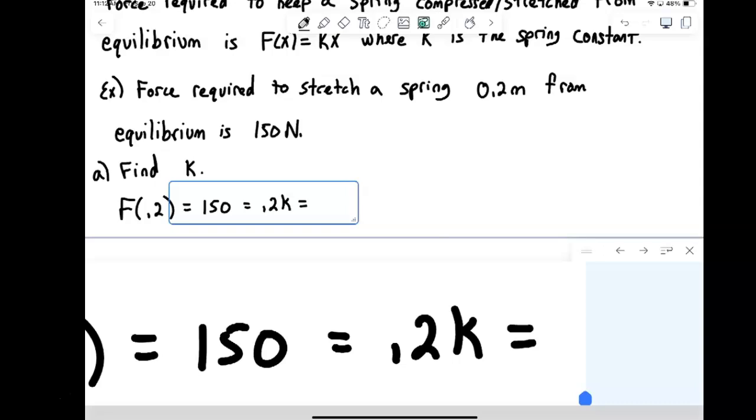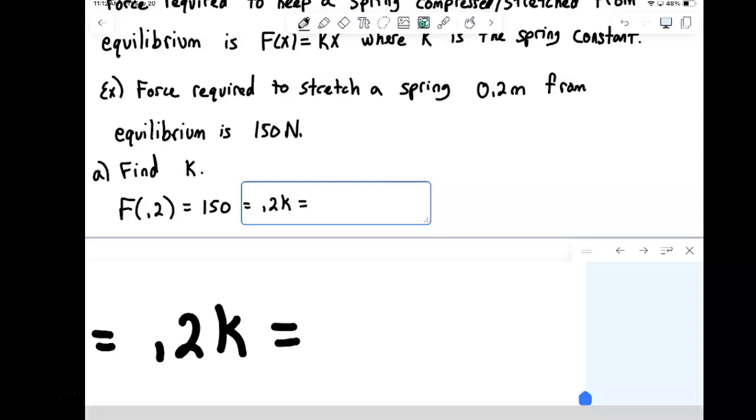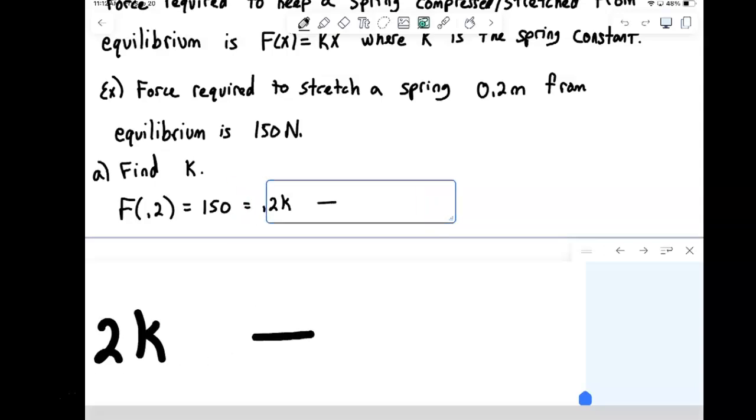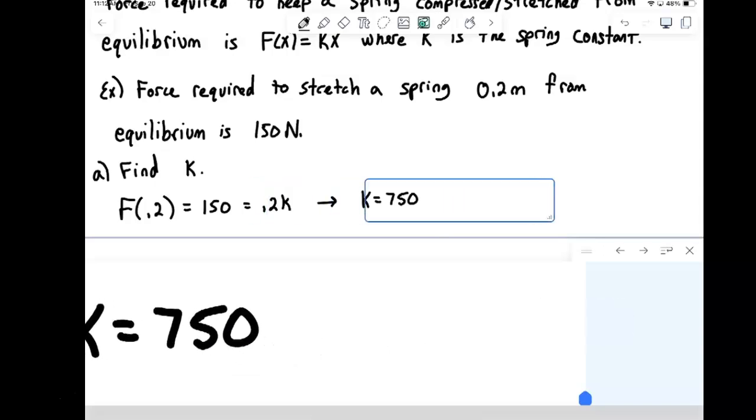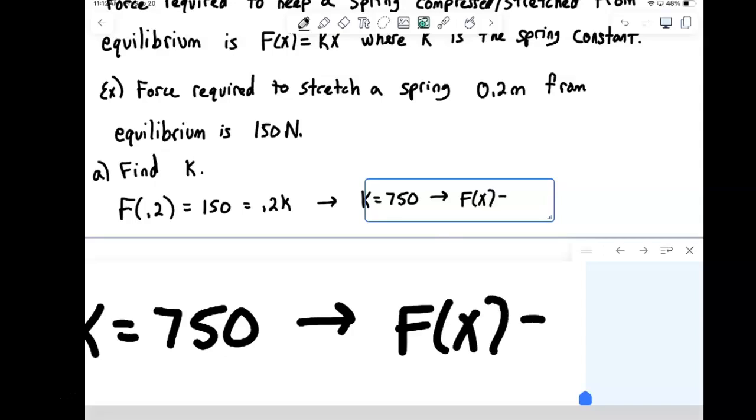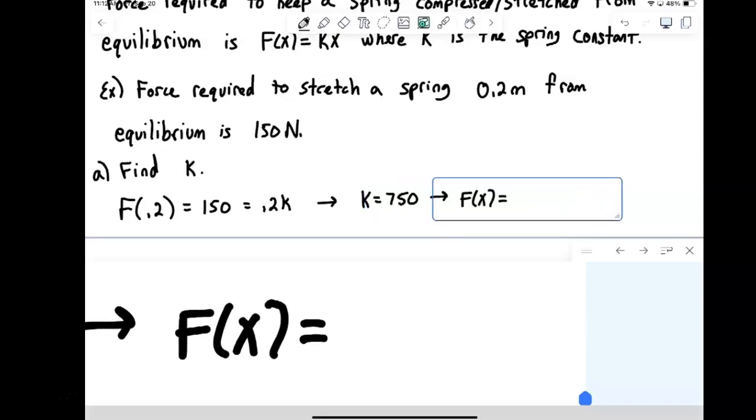And so we can use that to solve for K. We divide by the 0.2, and we know that for this particular spring the constant K is 750. And so our force function is 750x.